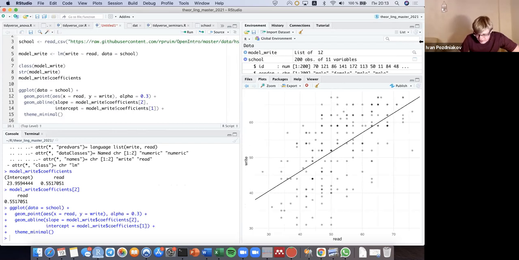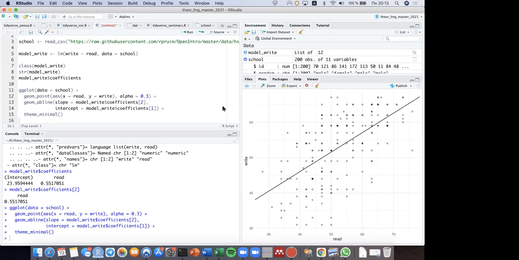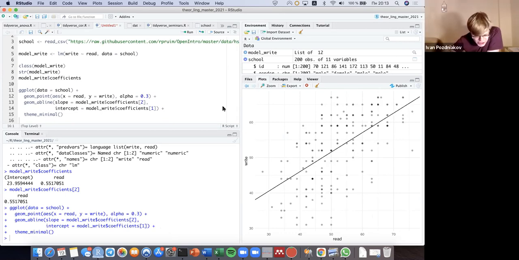Whoa, just a line. And do you think that it is a good line for this data? I mean, just express your opinion. It's a straight line. Well, data too far from the line, but how do you change a line?